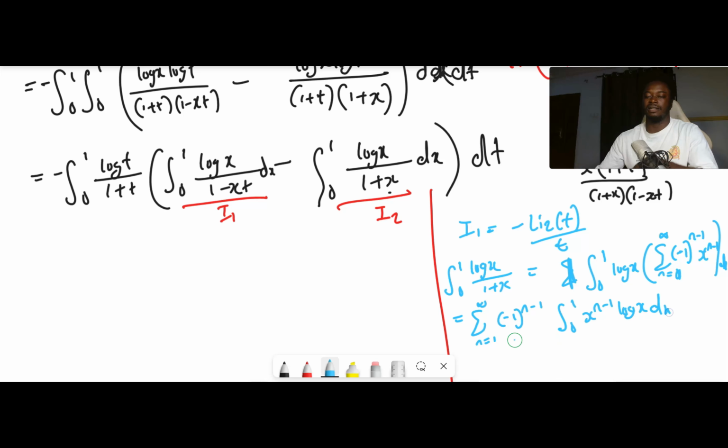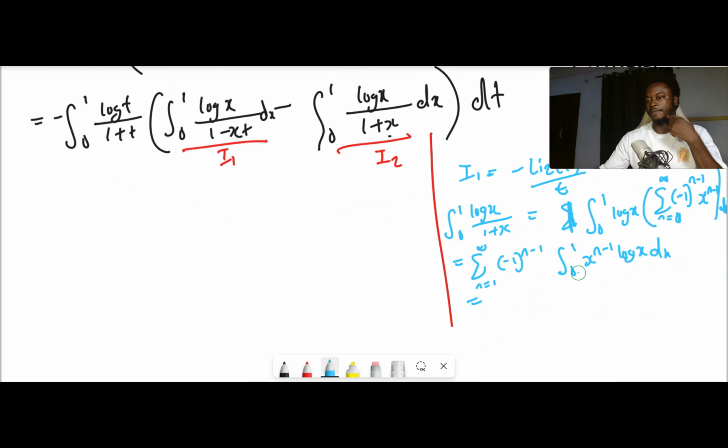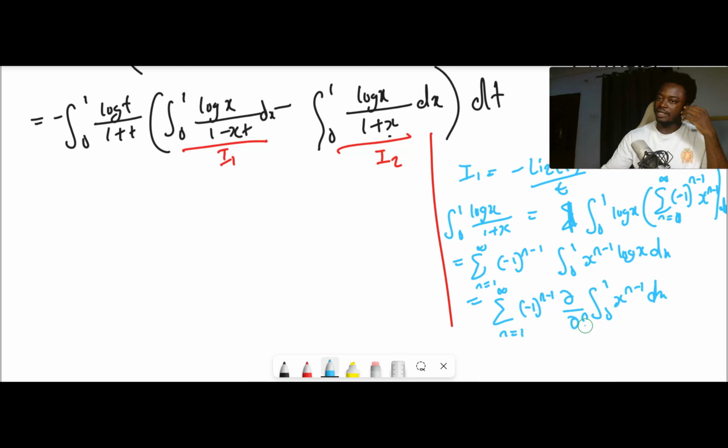And this integral would not be too hard to compute, because here all you need to do is observe that you could change this to be the sum as n runs from 1 to infinity of negative 1 to the n minus 1 times the partial derivative with respect to n of the integral from 0 to 1 of x to the n minus 1 dx. So now if you take this integral and take the partial derivative, you have a negative 1 over n squared.